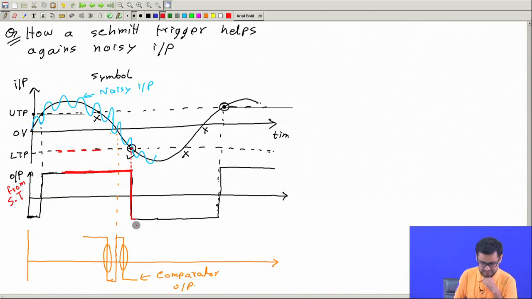So it comes here. Now how long will it remain negative? It will remain so as long as the input is not crossing the upper trigger point. Now let me increase the level of noise a bit. Let me make the input more noisy. I can make it even more noisy.